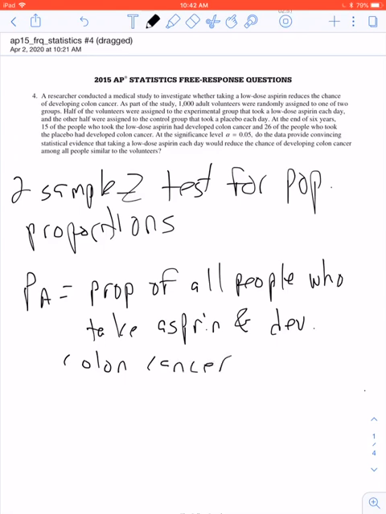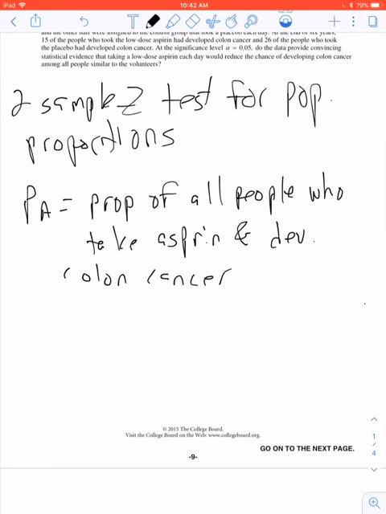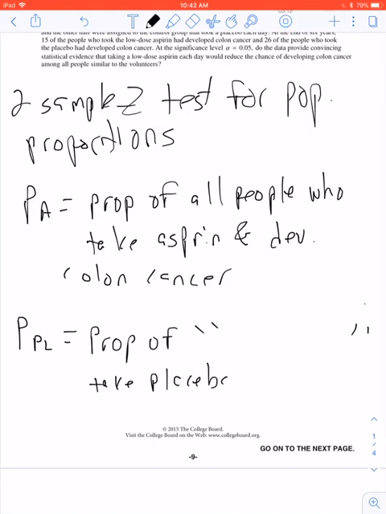Alright, and so if PA is equal to the proportion of all people who take aspirin and develop colon cancer, then I'm going to make PL equal to the proportion of, and you guys know what I'm going to say here, the proportion of all people who take a placebo and develop colon cancer.